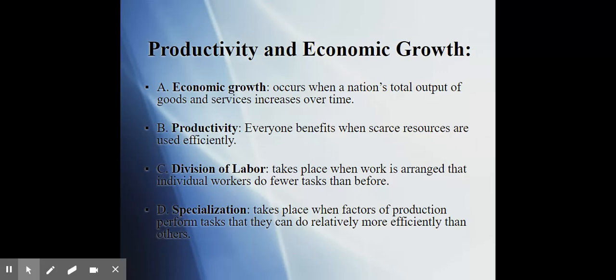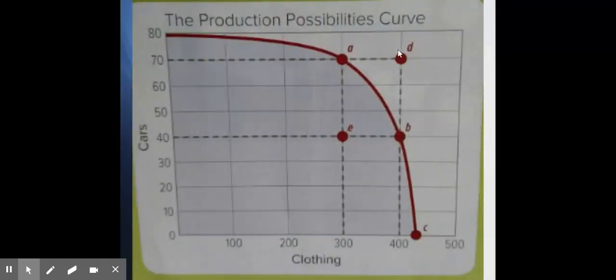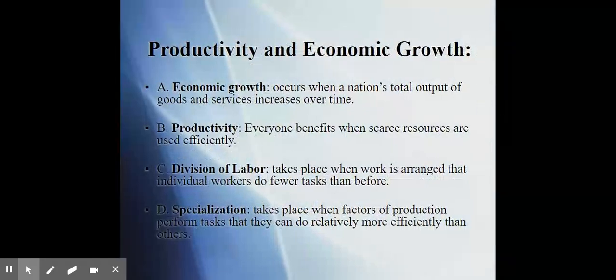And when you have individuals who get more and more specialized and they get better and better at doing one specific task, that is going to lead to efficiency. And it's going to allow us to even more rapidly grow the economy and even more efficiently reach for this point D, which is in the future.